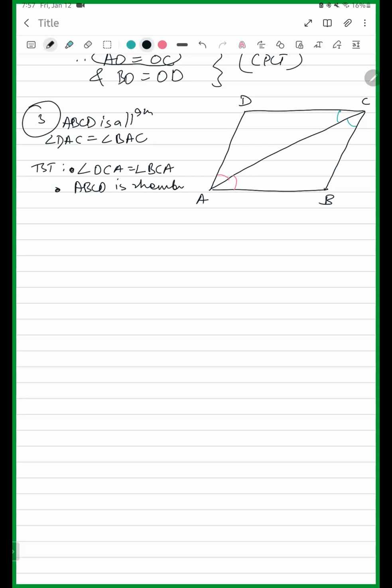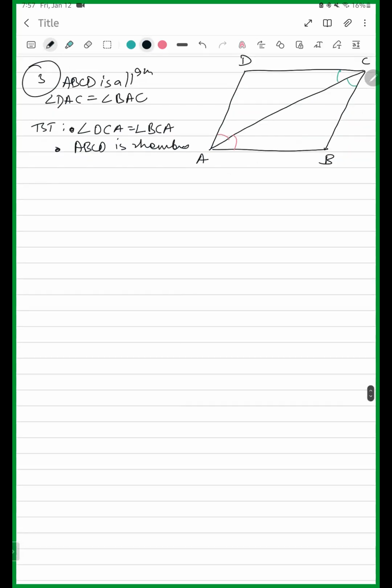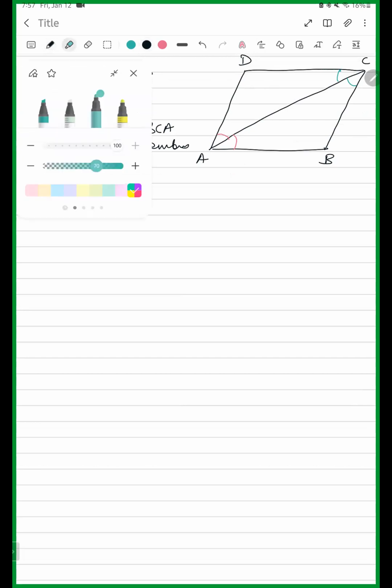Okay, so first what we do is we can take these two triangles. This is a parallelogram, right? Which two triangles?